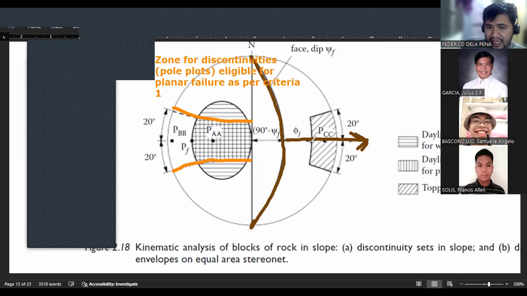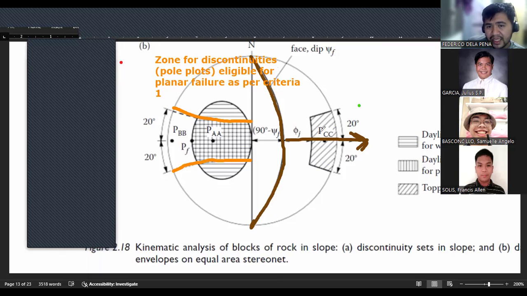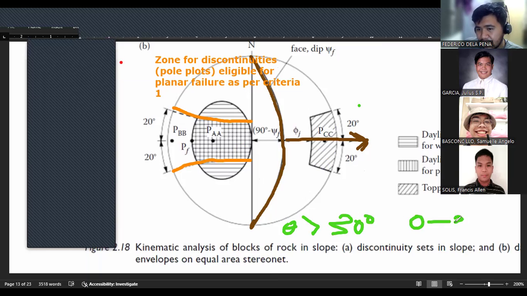So if you're going to express criteria 2 in the arc plot, it's quite simple. The criteria is that the angle has to be greater than 30 degrees. So angles between 0 to 30 are not eligible for planar failure as per criteria 2.